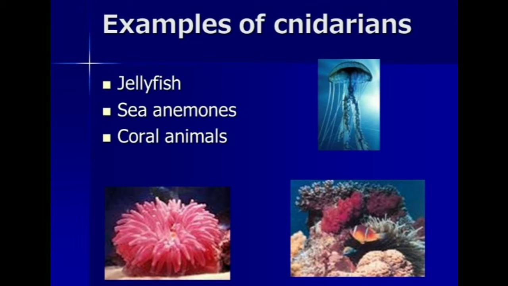You can see examples of Cnidarians: jellyfish, sea anemones, coral animals. And also Hydra is in this group. Hydra, jellyfish, sea anemone and coral polyps are included in the Cnidarian group.